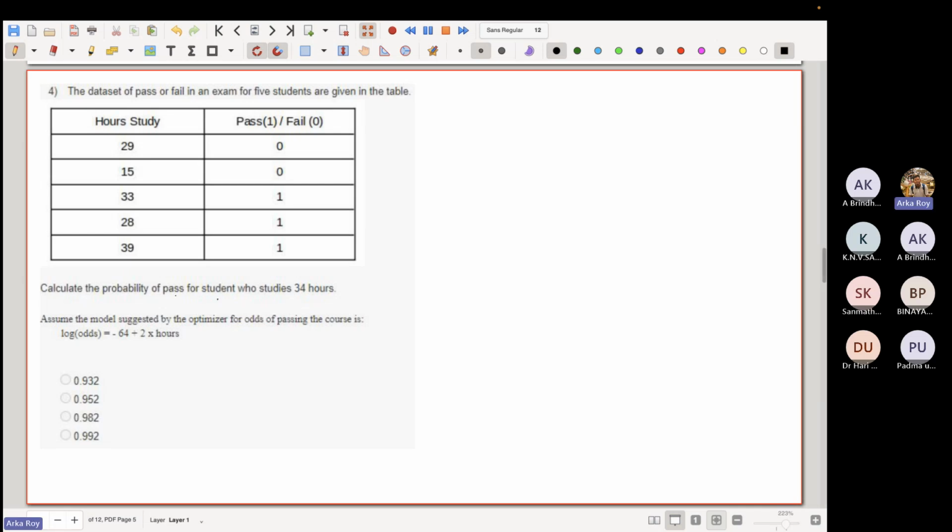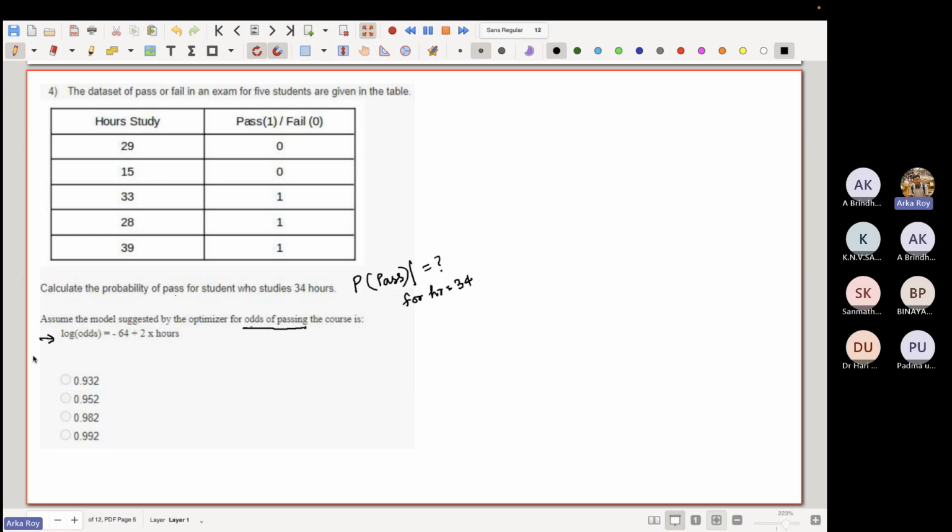So we have to calculate the probability of pass for hours equal to 34. This is what we have been asked. And they have given, assume the model suggested by the optimizer for odds of passing the course is given as some sort of closed-form equation.